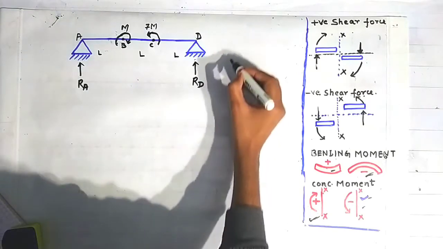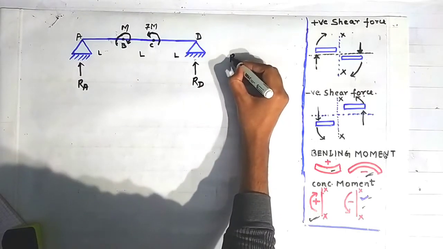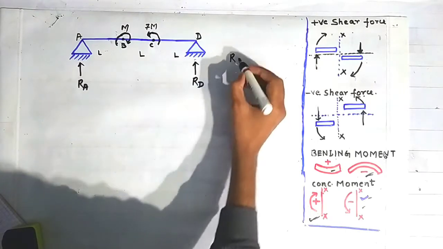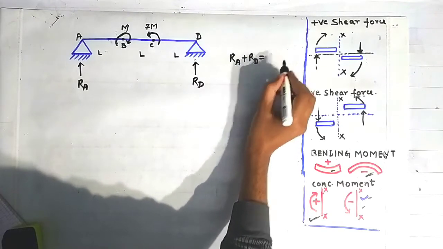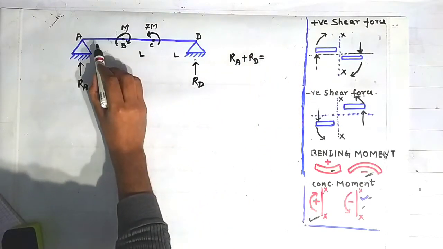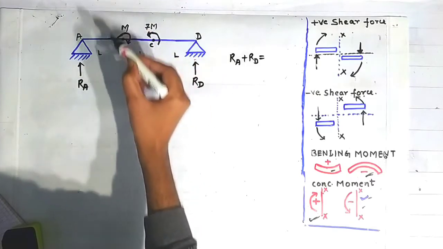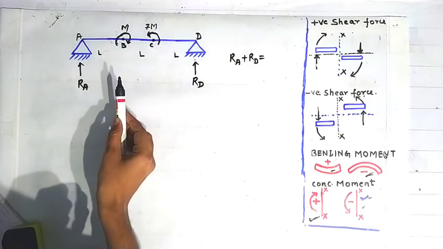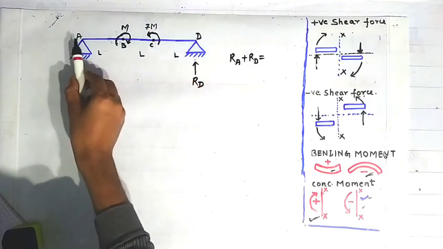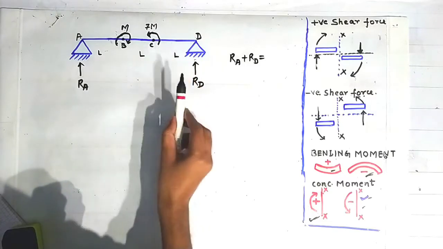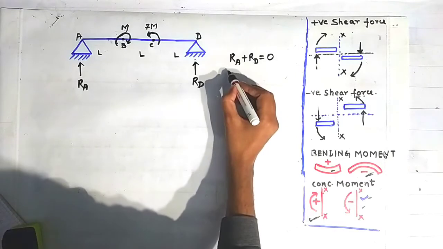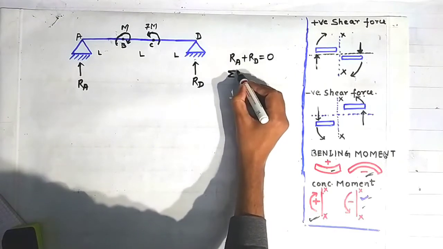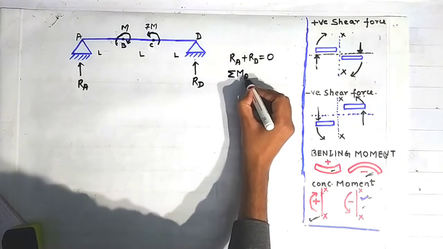Now we know that the sum of these two reactions, RA plus RD, is equal to the net load acting over this simply supported beam in vertical direction. So in vertical direction there is no load acting over this beam, so the sum of these two reactions is equal to 0.